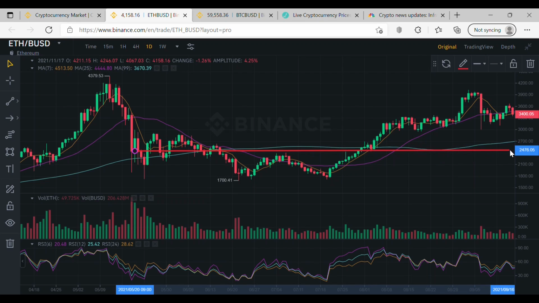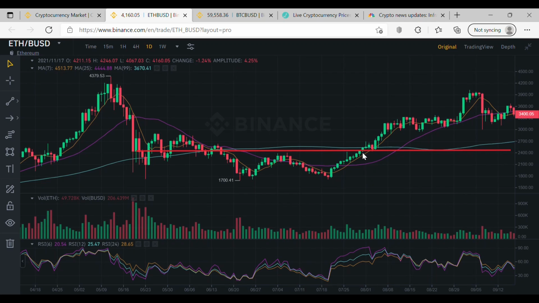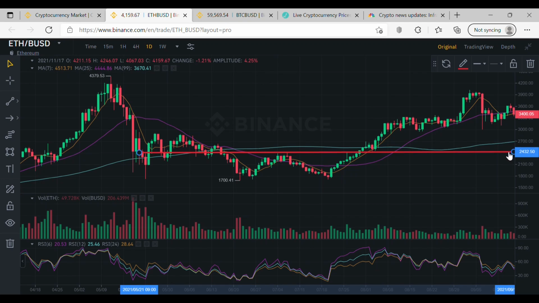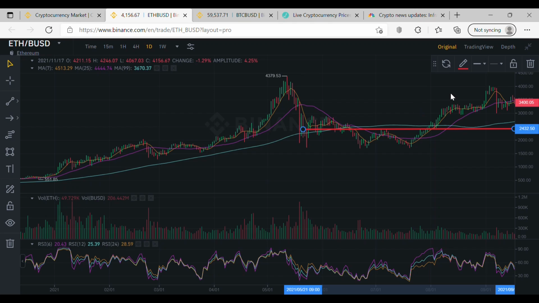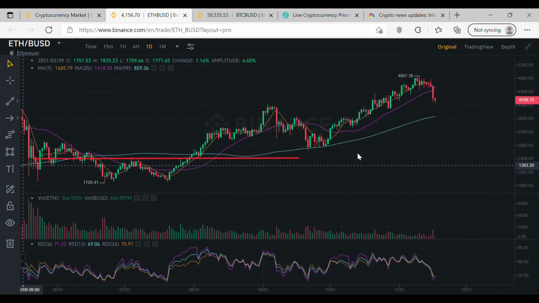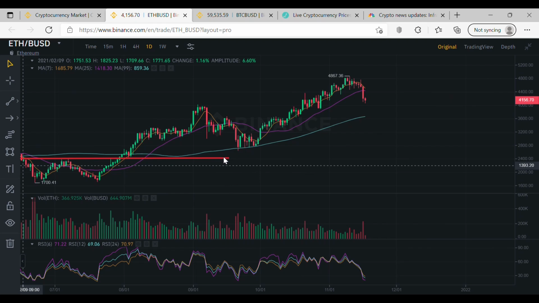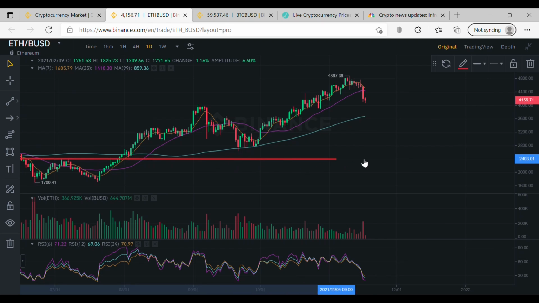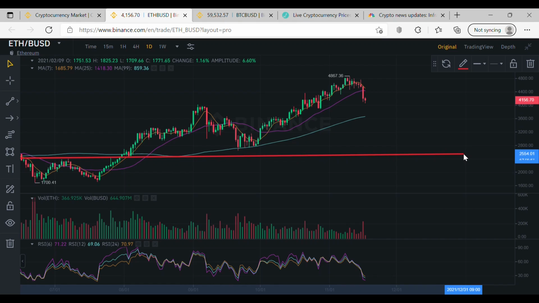Let's move this line, adjust it a little bit downward to here, and let's move it way out here.